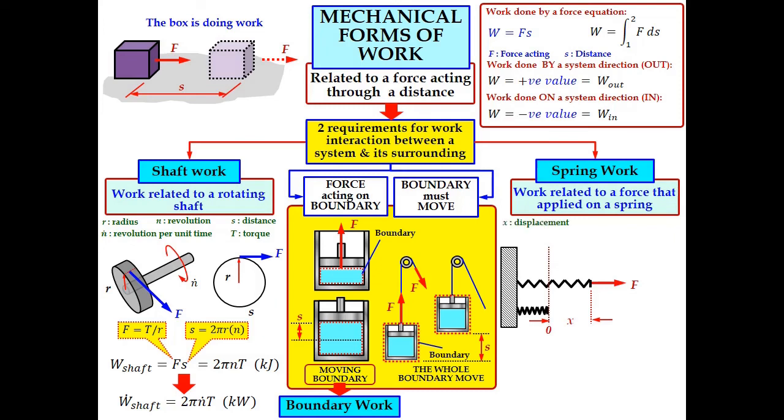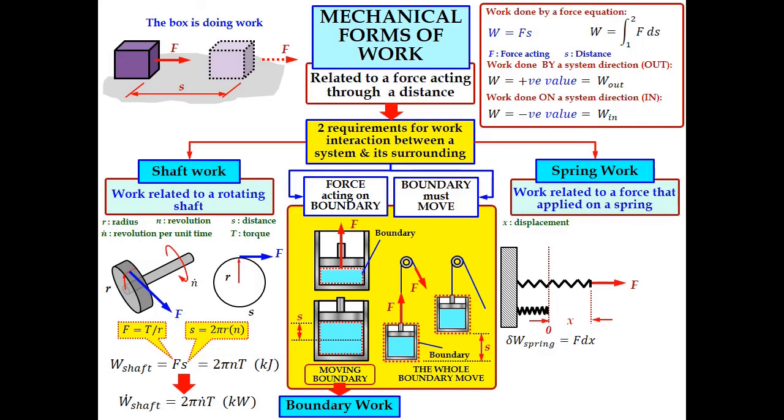So we will have x distance, and this x we refer to as the displacement of the spring. For a very small expansion of the spring, we will have delta W spring equal to F multiplied by dx.